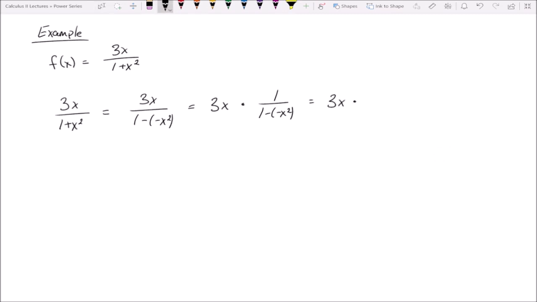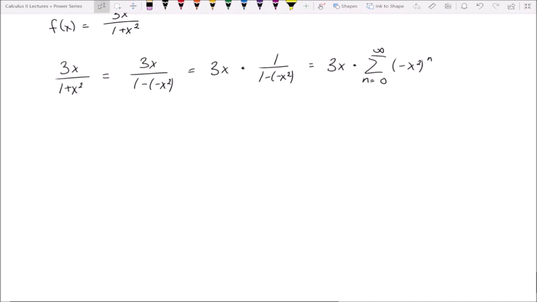Well, then this will be 3x times the series n equals 0 to infinity of negative x squared to the n, which is 3x times the series negative 1 to the n, x to the 2n.